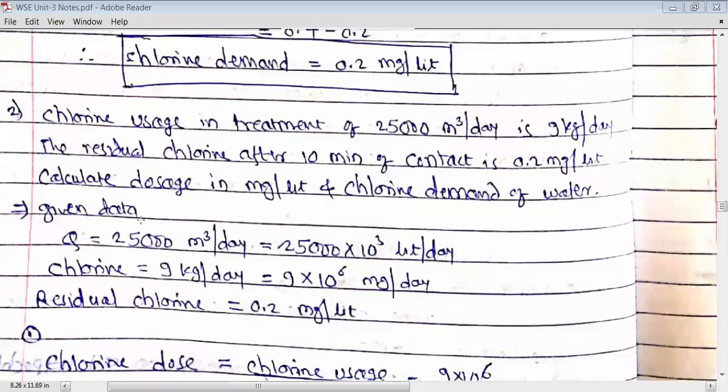Write down: chlorine usage in a treatment of 25,000 meter cube per day is 9 kg per day.